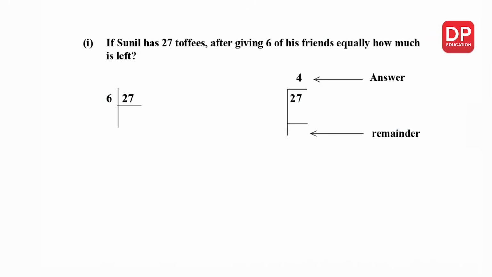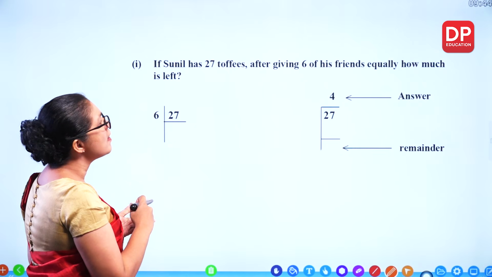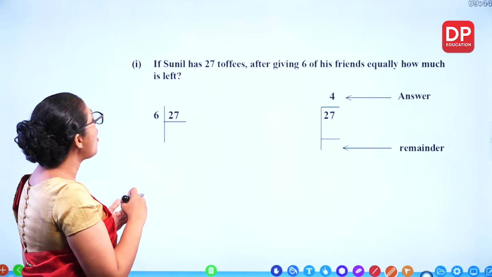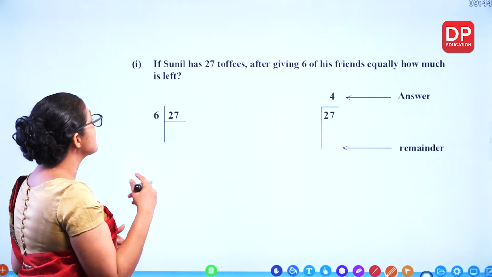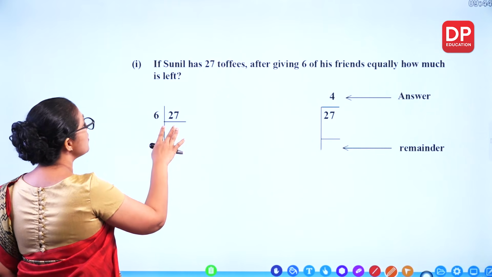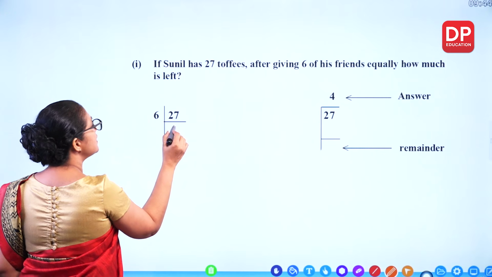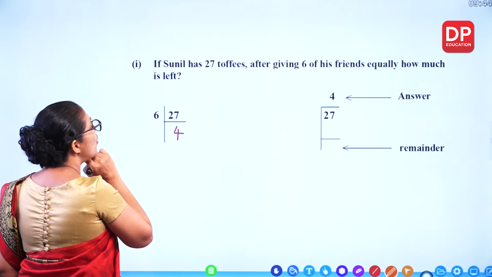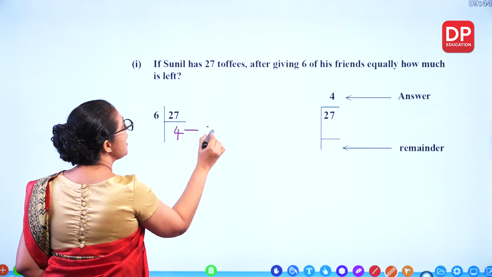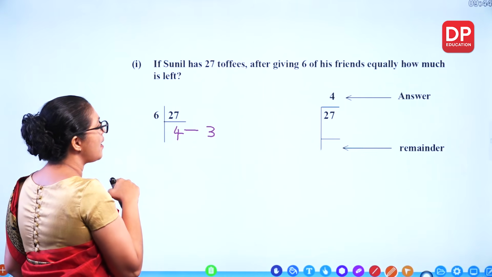Look at this question. If Sunil has 27 toffees, after giving to 6 of his friends equally, how much is left? So what's the remainder? If we are doing simple division, what's 27? 6 times 4, 24 and 3 remaining. So we can write the remaining part like this.